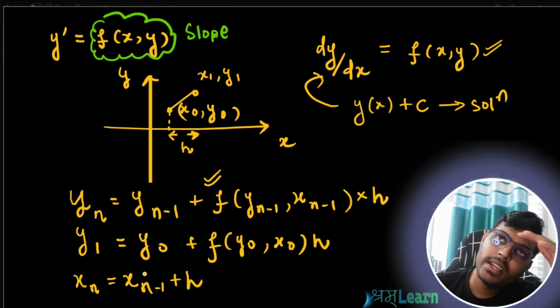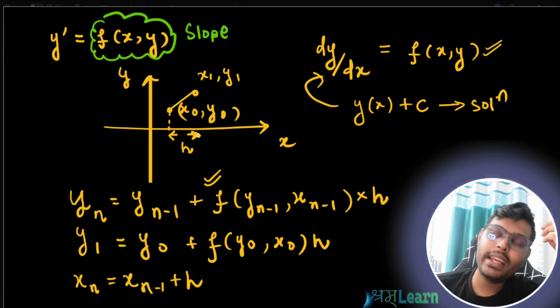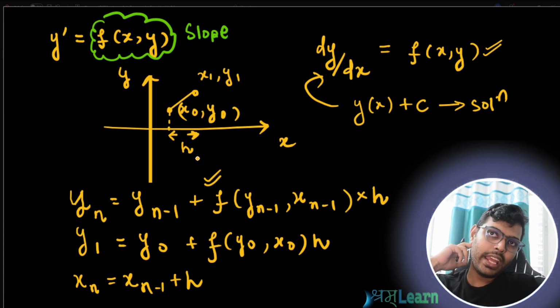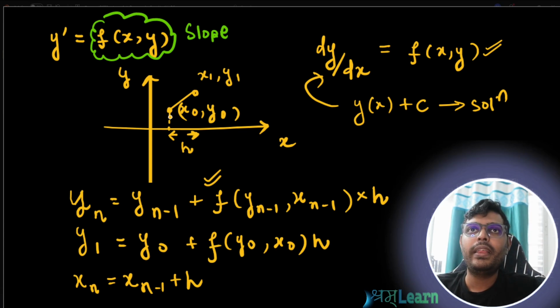And if we go h along x, what is the change in y? That is f of x naught y naught times h. So we add that to y naught to get y1. So we take the change in y by change in x information. Change in y by change in x is given, right?